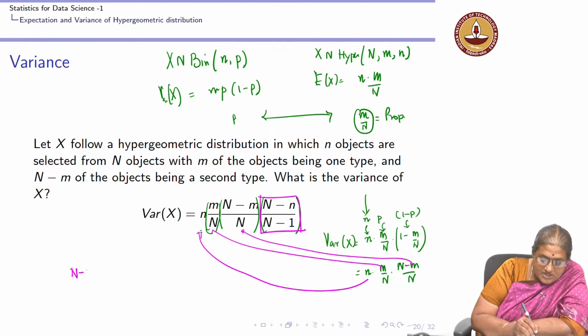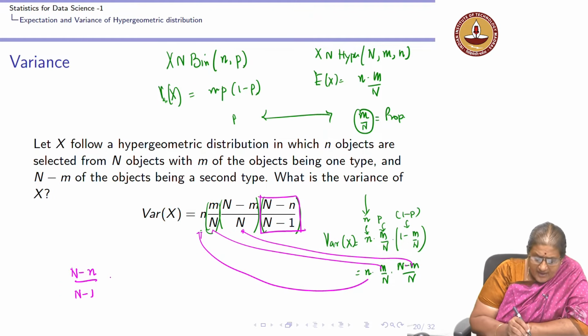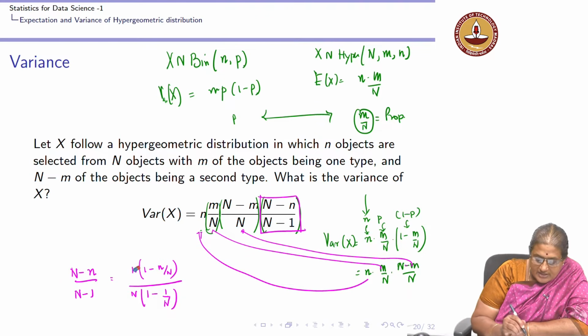Now, let us look at this N minus n by N minus 1 more carefully. I can write this as 1 into 1 minus n by N divided by N into 1 minus 1 by N. I have just taken the N outside. So, this N cancels out with this.